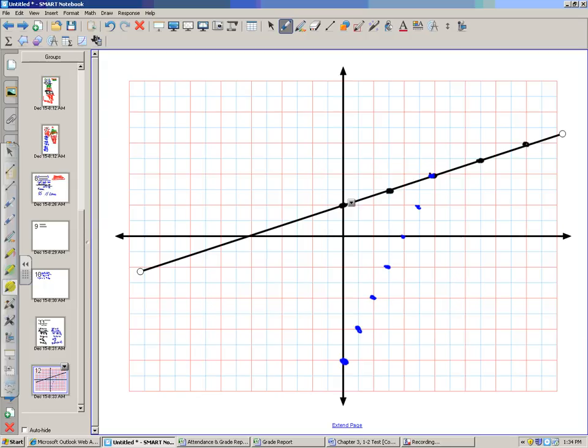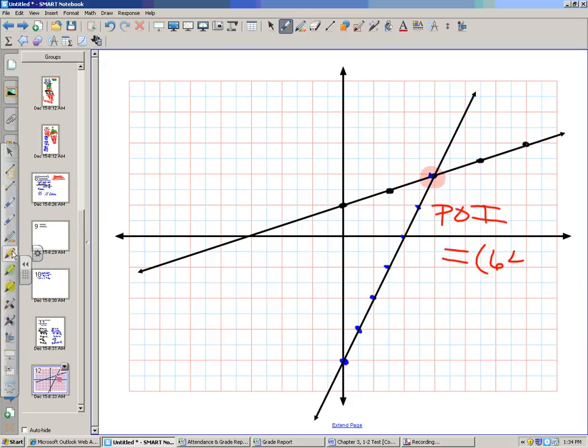I can see it. I connect them. And I can see that this point right here is going to be my POI. So what is that point? It is going to be the point 6, 4. Do we get that, yes or no?